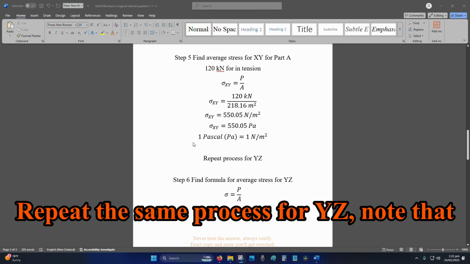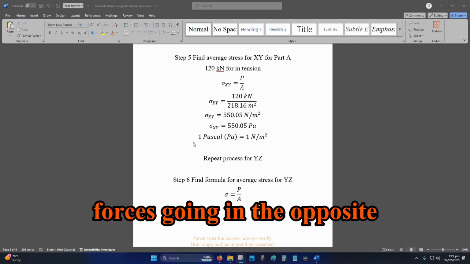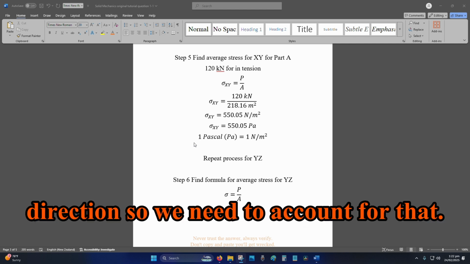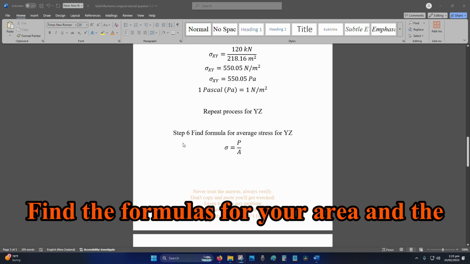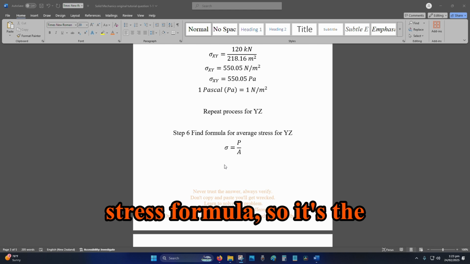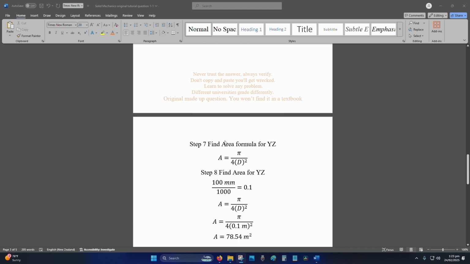Repeat the same process for YZ. Note that we have pressures or forces going in the opposite direction, so we need to account for that. Find the formulas for your area and the stress formula. It's the same, so repeat the process.